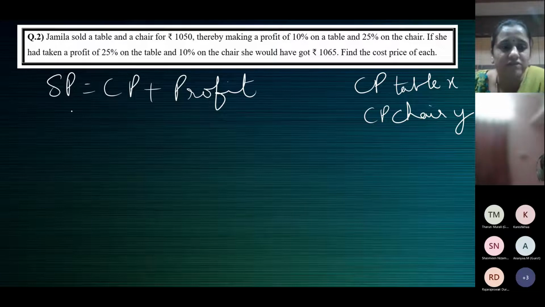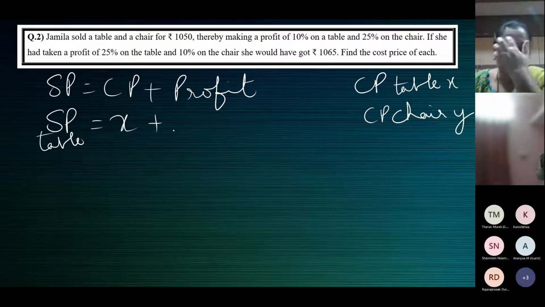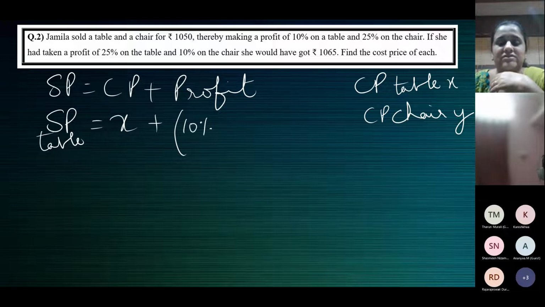So how do we find the selling price? For the table, the selling price will be the cost price of the table, X, plus the profit. What's the profit on selling the table? 10% of X, because profit is always calculated on the cost price.